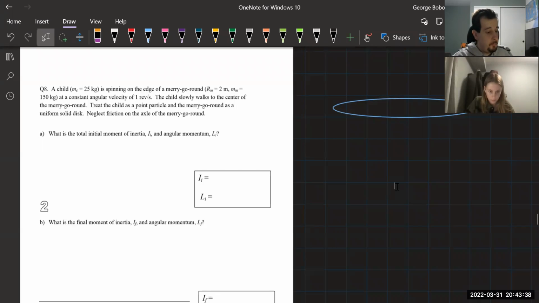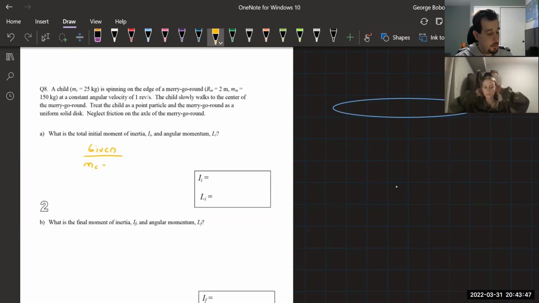So let's see this one. What are you given? This is going to be actually a lot simpler than what we've done so far. You're given the mass of a child, 25 kgs. You are given that it's spinning on the edge of a merry-go-round whose radius is 2 meters. And the mass of the merry-go-round is 150 kilograms.